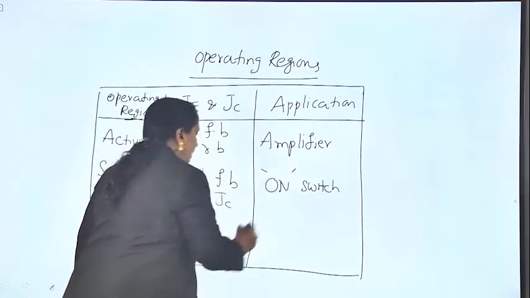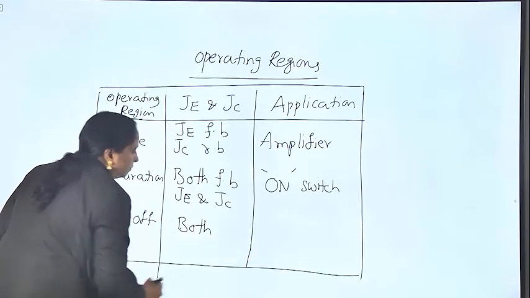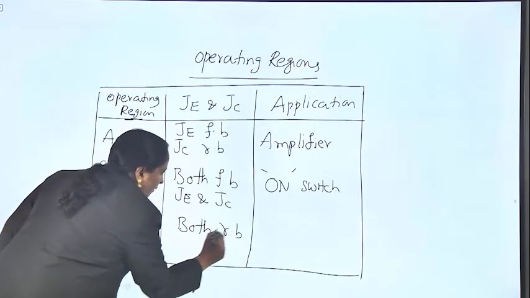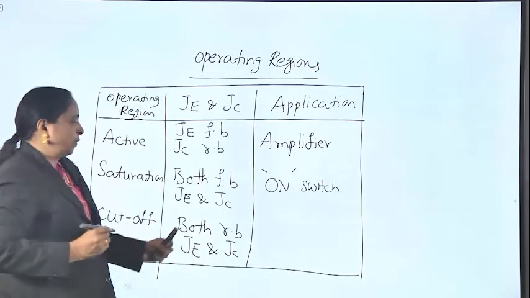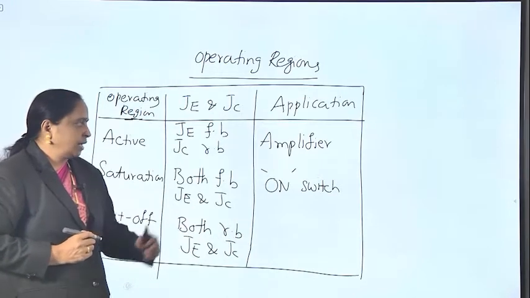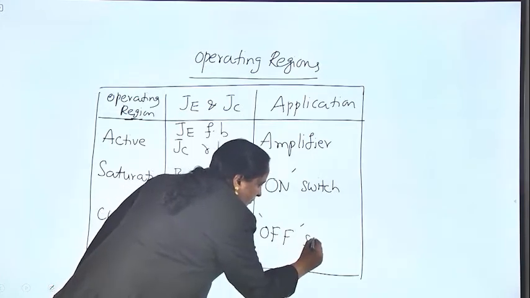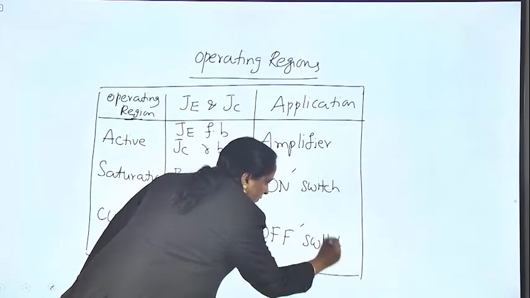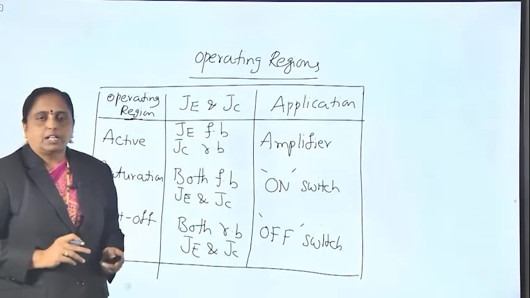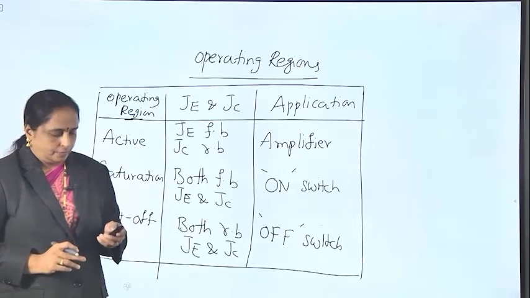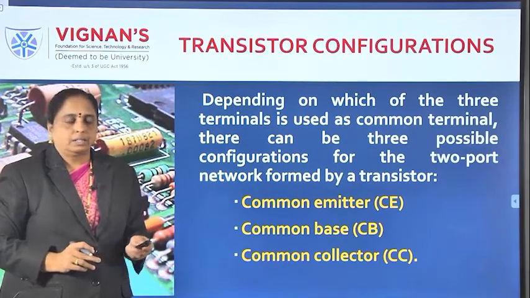Then if both JE and JC, the emitter junction and collector junction, are reverse biased, we call this an off switch. So these are the important operating regions and the corresponding applications of BJT. Like that, we can conclude the introduction of BJT.